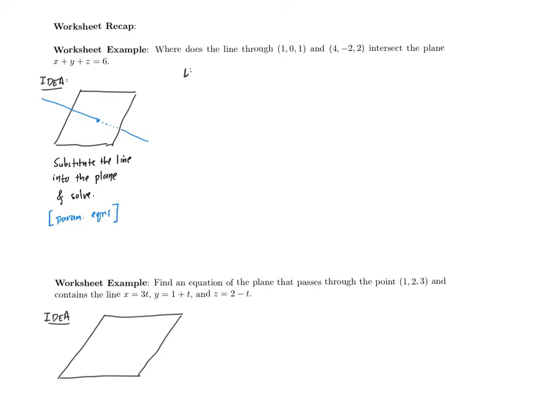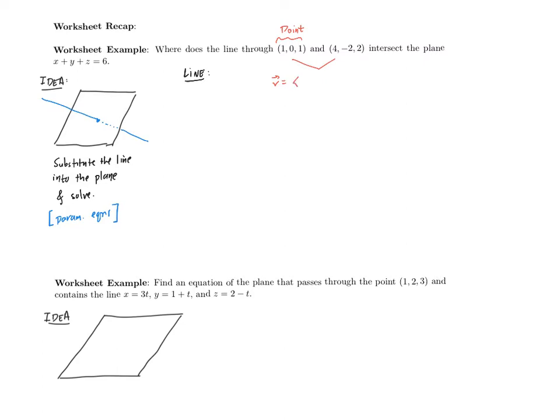So in order to come up with the equation of that line, we do have a point. What we need to do is come up with the direction. So I'll let my point be (1, 0, 1). And the direction would be the vector connecting those two points.